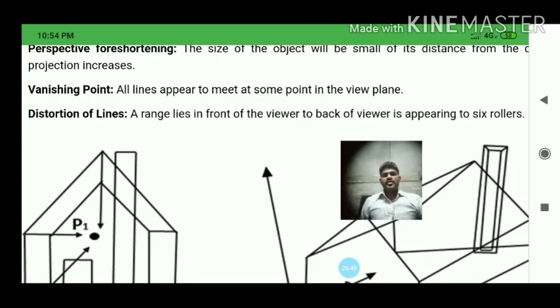Yes or no? When you are drawing the railway track on a screen, at some particular point two lines meet at the same point. That is the appearance that we observed on screen. That meeting point is called a vanishing point.